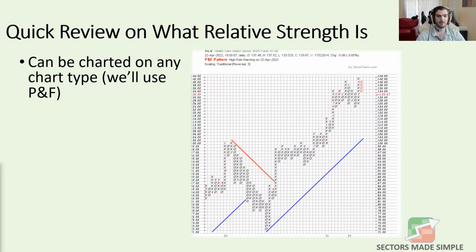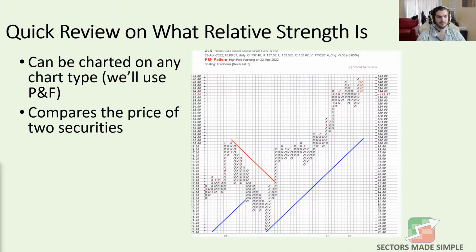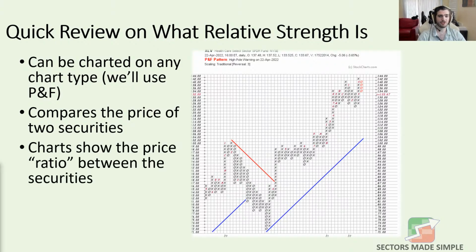Point and figure, or relative strength in general, allows us to compare the price of 2 things: stocks to ETFs, ETFs to stocks, ETFs to indexes, almost anything. And a lot of this is available to us for free on stockcharts.com, and we'll be using StockCharts quite a bit for today's webinar. These charts do not show price.